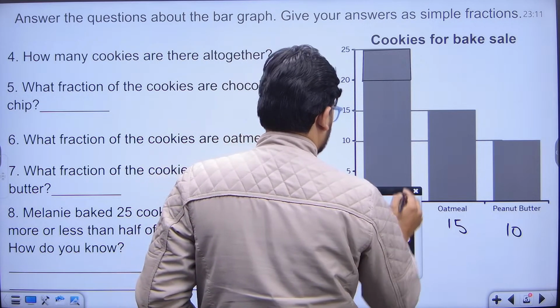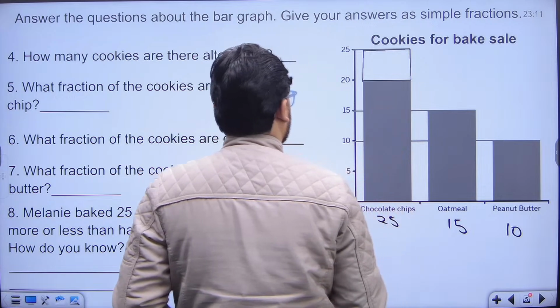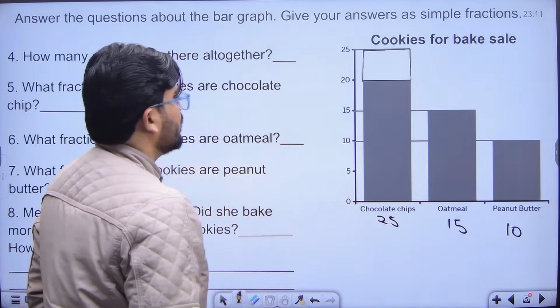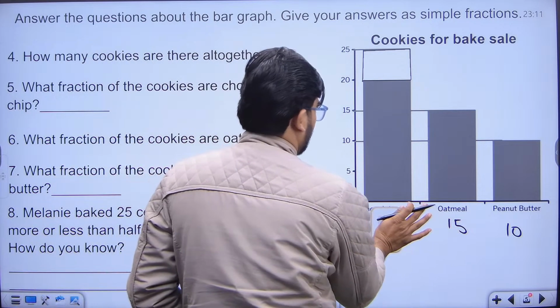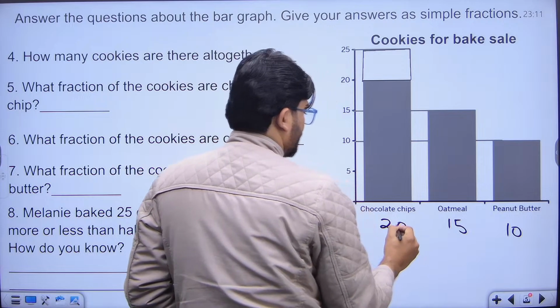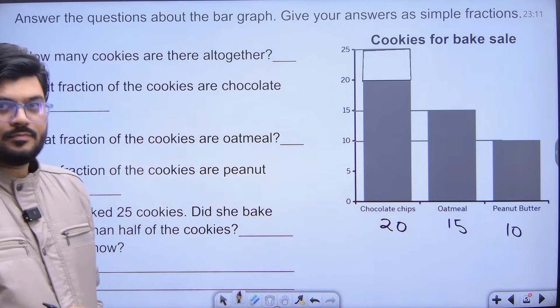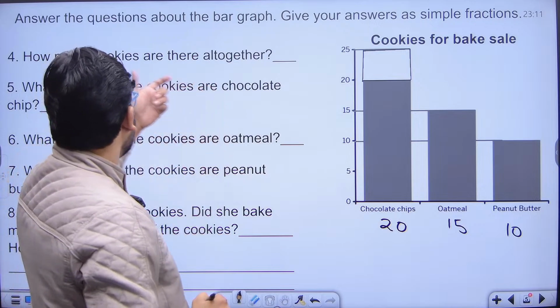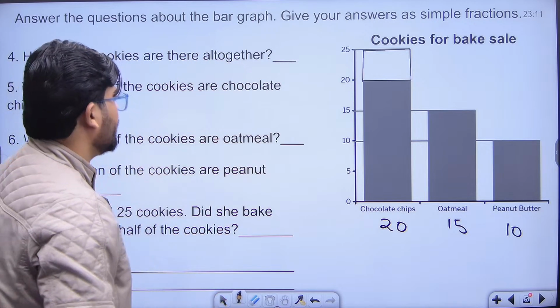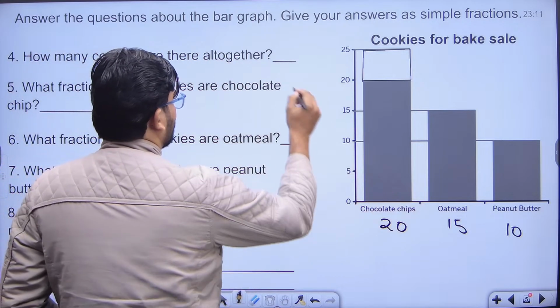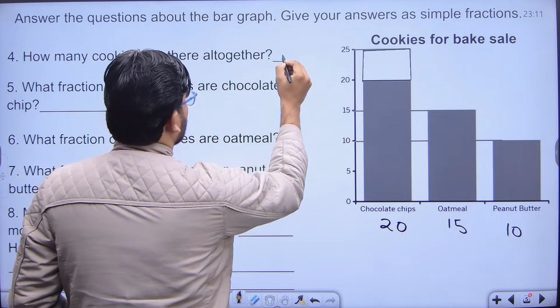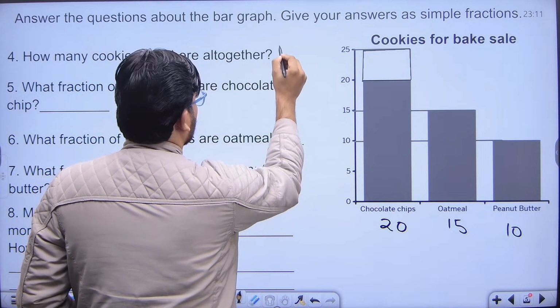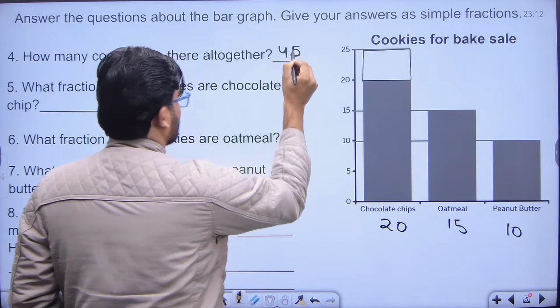But I can recorrect it. So this is going to be 20 and this is 15 and 10. So if somebody asks you how many cookies are there altogether, you will say 20, 15 and 10. So that is 45.